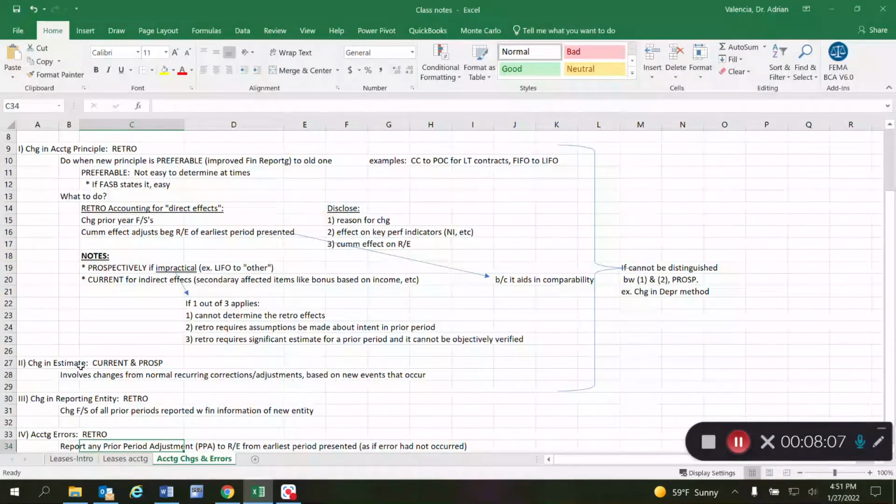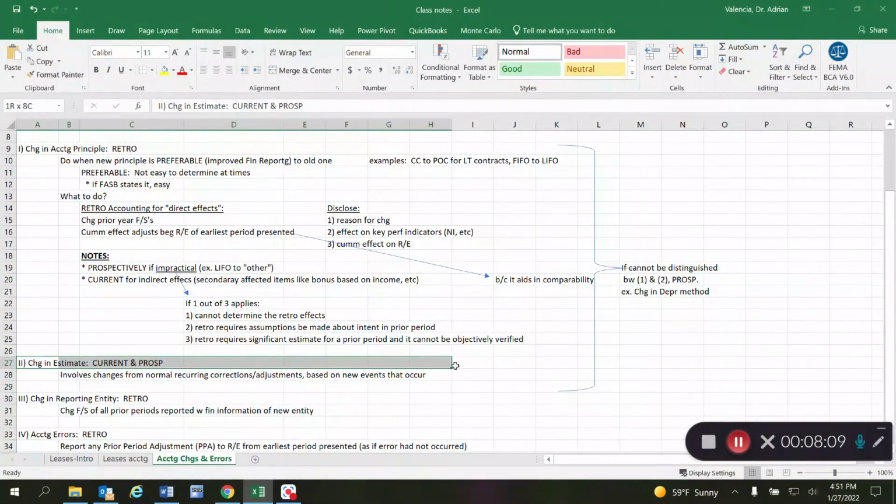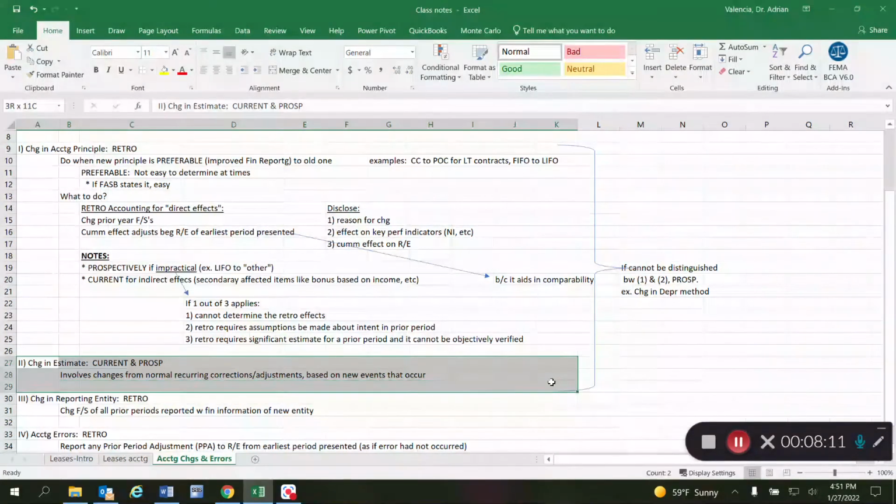So if for some reason you had a particular amount as an estimate of residual value or salvage value for your equipment, and all of a sudden that changes, that's not necessarily an error or an issue dealing with an accounting principle. That's just a change in estimate, and we will readjust the depreciation based on that new set of information.